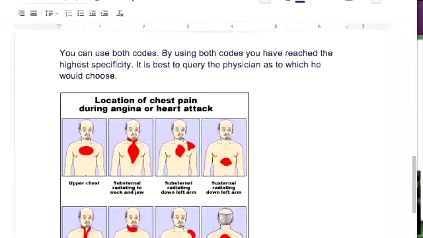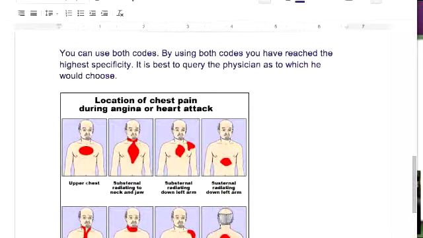Look at where these substernal pains occur. You've got the upper chest, and if you've worked with people who've had a heart attack, this is where they feel that pain, radiating into the neck and jaw. But that sternal pain is right there in the center of the chest, radiating down the left arm.